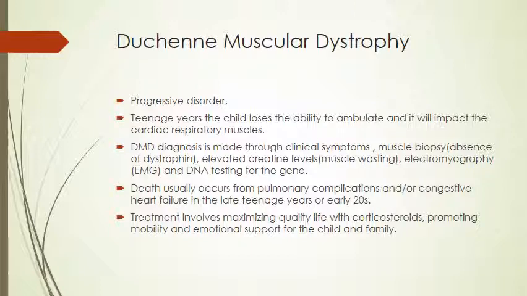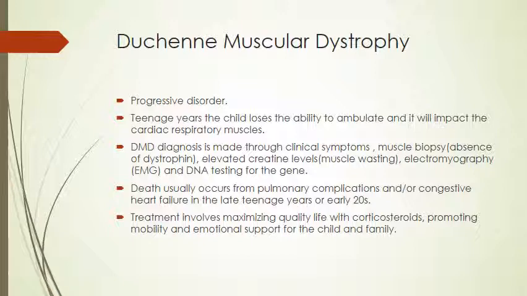As a child is growing, the disease is progressing, and in the teenage years, the child loses the ability to ambulate, and this has an impact on the cardiac respiratory muscles. The DMD diagnosis is made through clinical symptoms, through a muscle biopsy, where you would find the absence of dystrophin, elevated creatine levels.